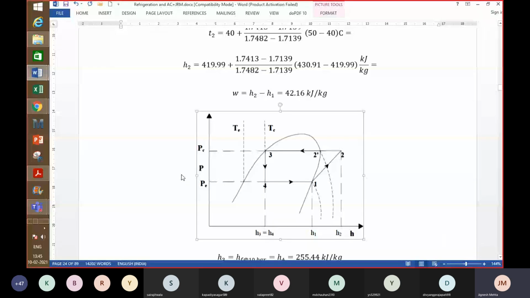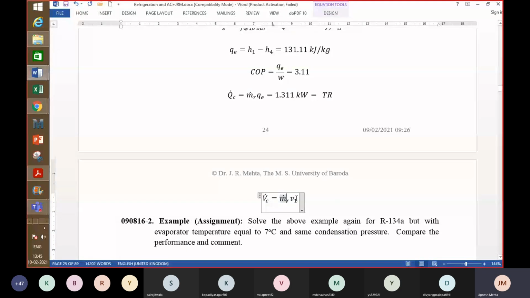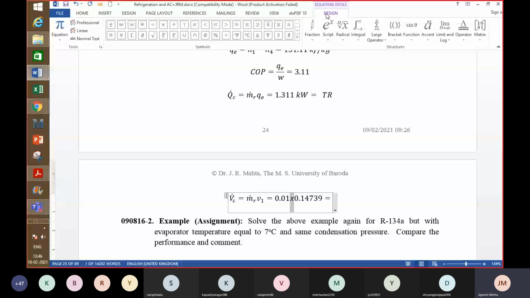So this will be the volume flow rate of the refrigerant. So that's in meter cube per second.